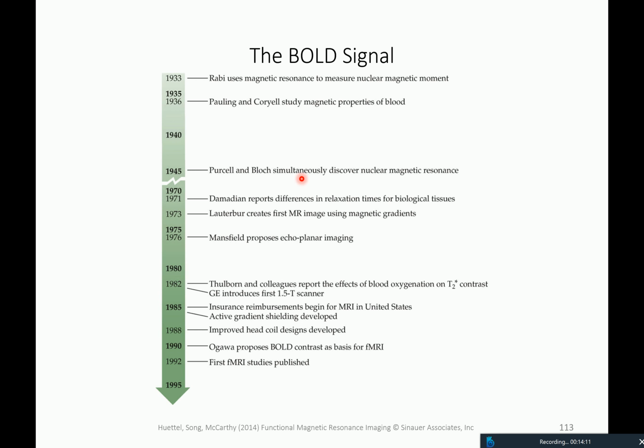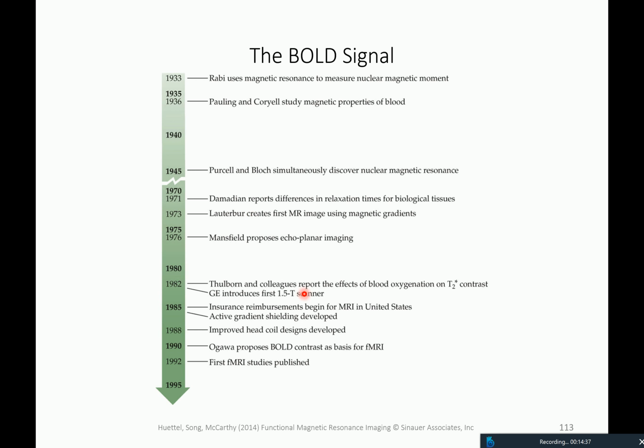More work in terms of nuclear magnetic resonance after the war. Important progress in MR imaging actually in the 70s by Lauterbur and also Mansfield in Nottingham, contributing a lot to being able to create MR images.